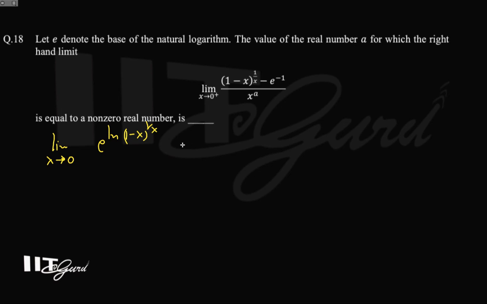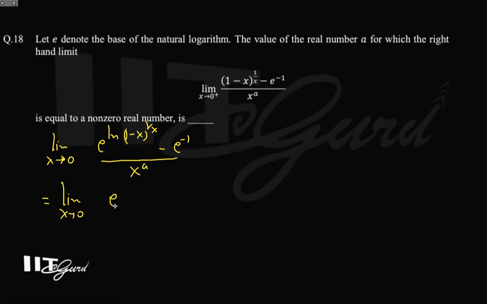So it means the same thing. And here that is minus e power minus 1. And as you know, this is x to the power a, you can write over here. Later on, we have to show that this limit exists. So this we can say limit x tends to 0. Okay.